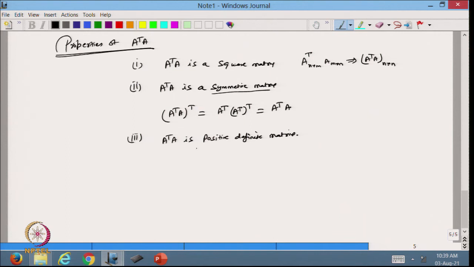It is very difficult to construct a positive definite matrix, but if any matrix is there, we can write A transpose A as a positive definite matrix, and we have proved this earlier also. So, positive definite matrix means all eigenvalues are positive.